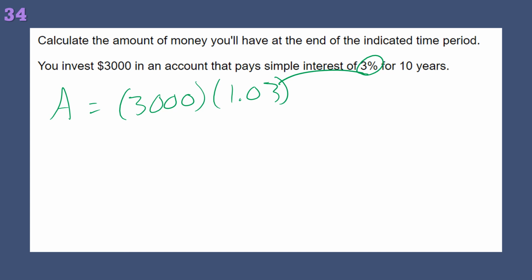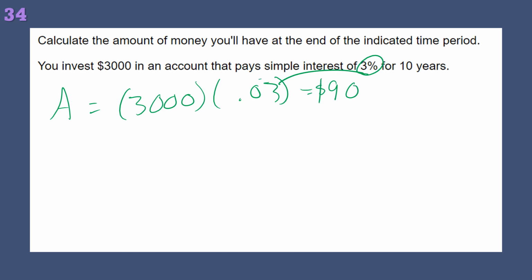Okay, so since it says simple interest, what is 3% of 3,000? Let me type it in my calculator to make sure I get it right. 90. So I'd make $90 a year.